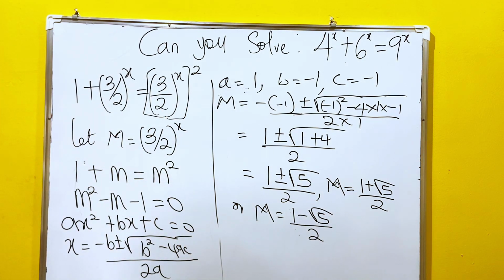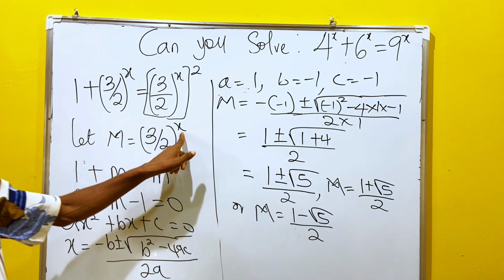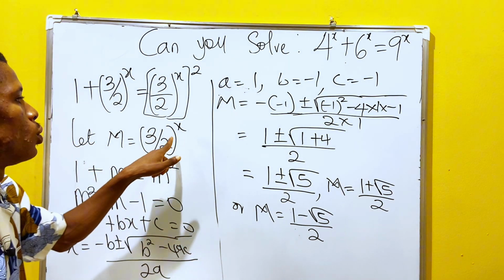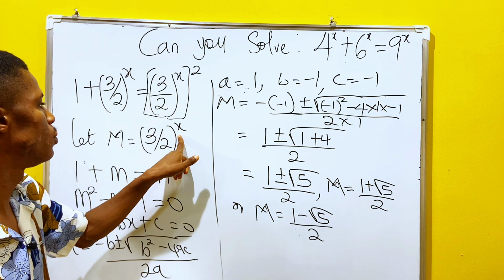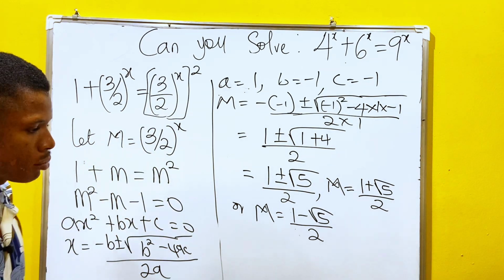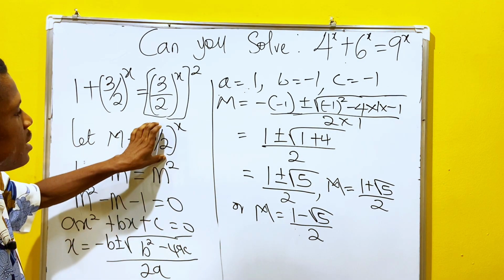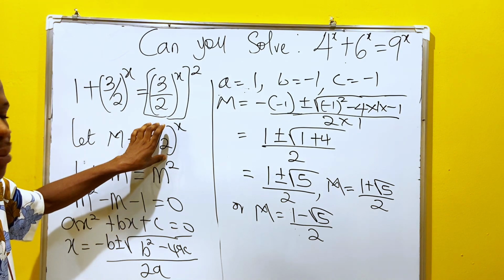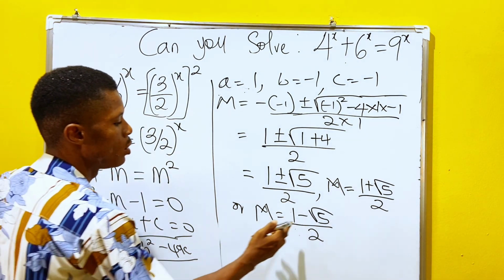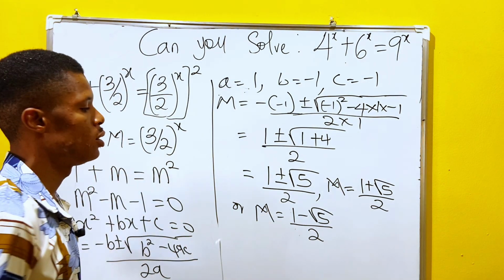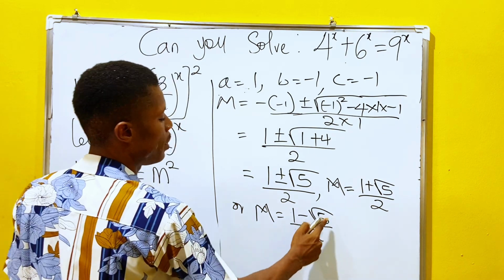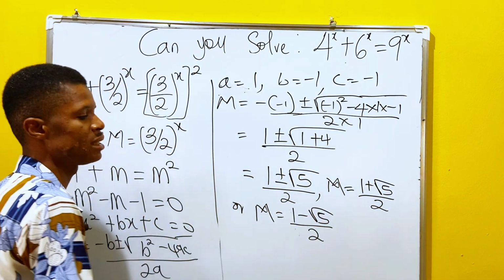But if you look at the question, our goal is not to find m, rather to find x, because we already defined m in terms of x. Okay? But look at here. This is actually an exponential term. So if you look at this, root 5 is greater than 1. So 1 minus any number greater than 1 should give a negative solution.